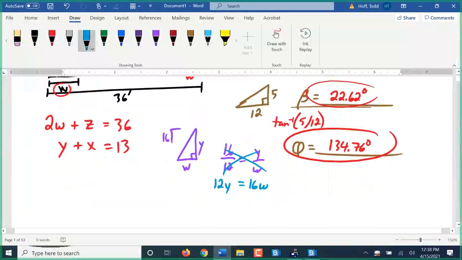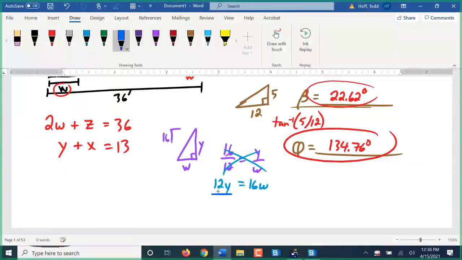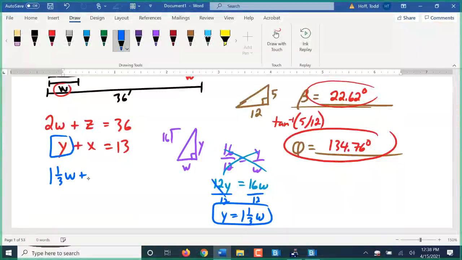I'm going to just go ahead and solve for Y here. To solve for Y, I'm going to divide by 12. I get Y equals 16 over 12, which is 1 1/3 W. So there is my third equation, and I'm going to use that to replace this Y here. That's going to be 1 1/3 W. Let's see what we can do to replace X there.